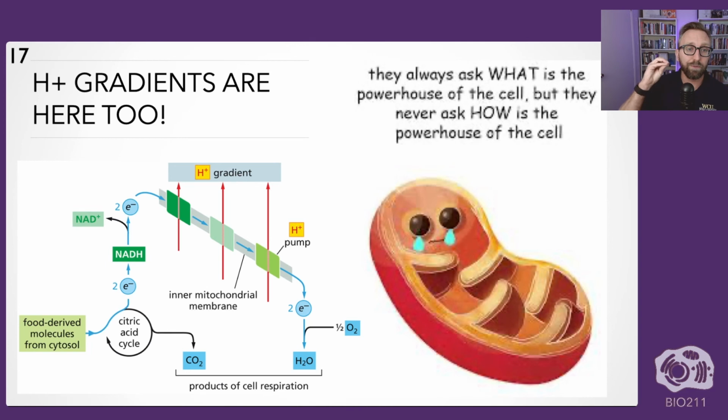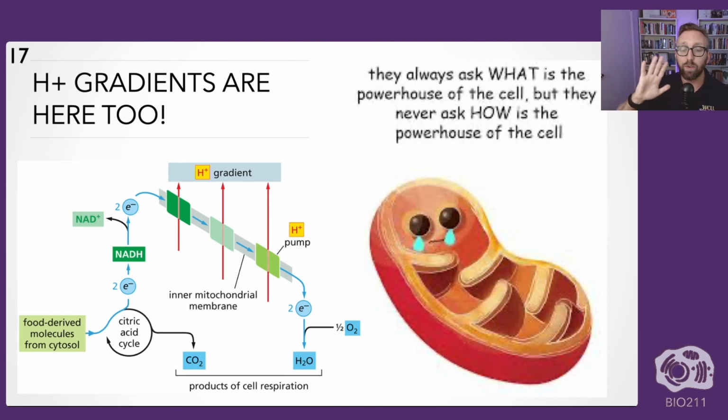And so again, you've got food-derived molecules. You're going to take electrons off of those using electron carriers. Those electron carriers are going to use those energized electrons to move protons across a gradient, and those electrons will go onto water. And those protons will then make ATP.